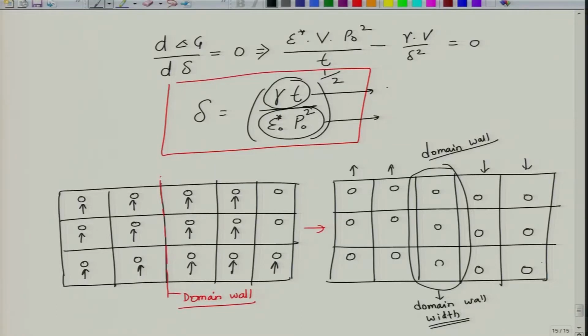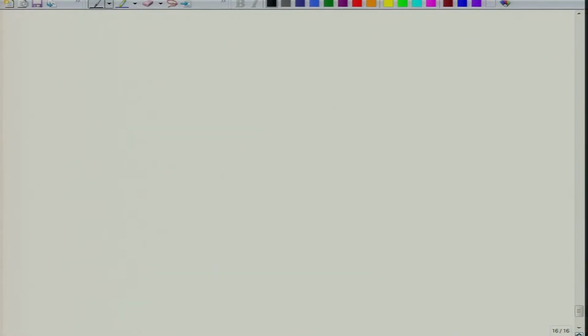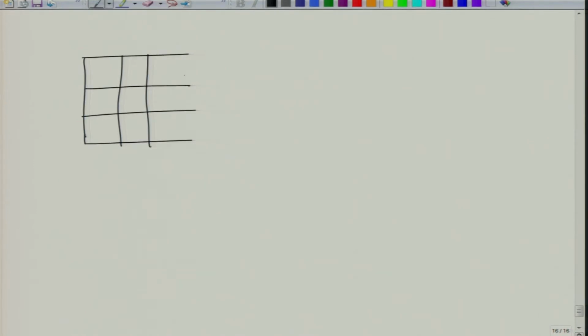As I said, domain walls are of multiple types. In this case I have shown you 180 degree domain walls, but there is a possibility that you might create something like this. You might have a crystal in which, let us say, something like this.